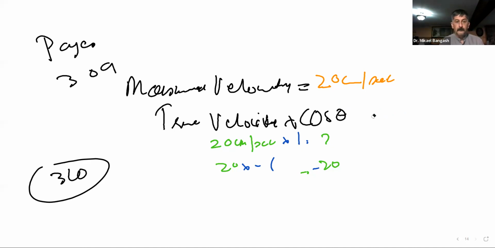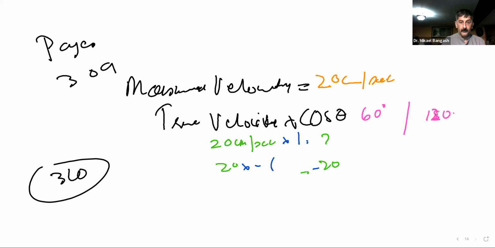Just not to make it too complicated, let's say we scan it from a 60-degree angle, to confirm what Dr. Ramos just asked, and the same for 120 degrees as well.